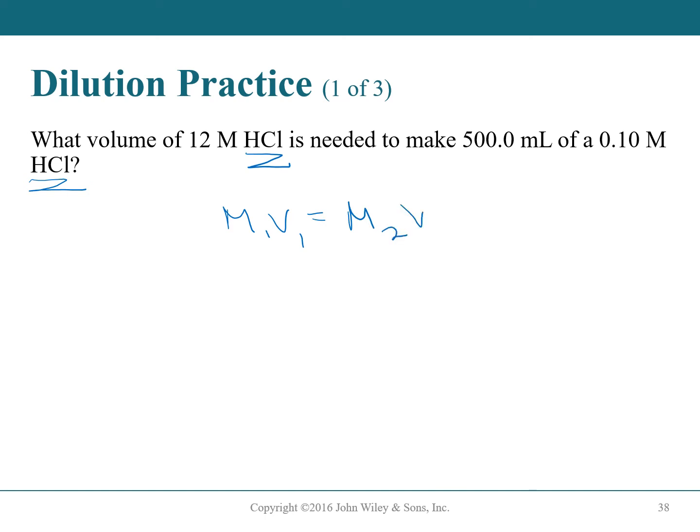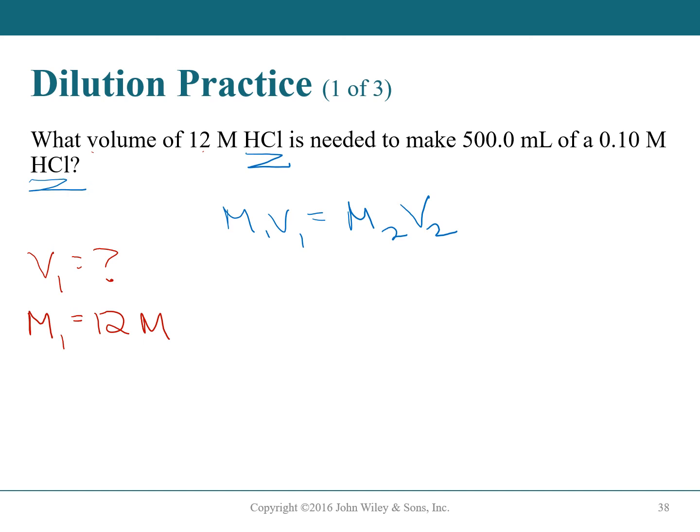Since we know it's a dilution, we're going to go right down to my equation, M1 V1 is equal to M2 V2. Now let's record what everything is. I'm looking for the volume of the concentrated solution, so I'm looking for V1. M1 is equal to 12 molar.